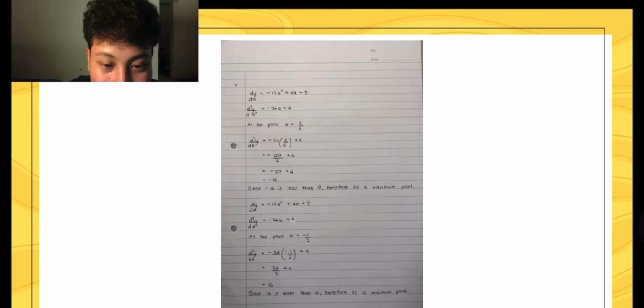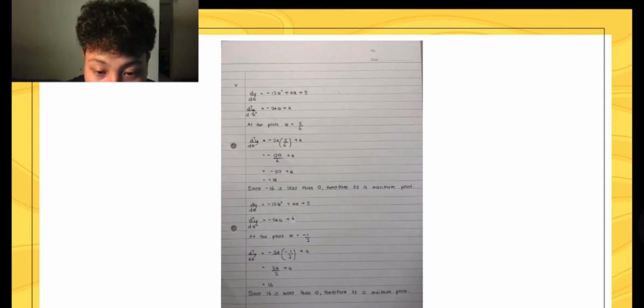At the point x equals -1 over 2, we insert the value of x. So -24 times -1 over 2 plus 4. The answer is 24 over 2 plus 4, and the last answer is 16. Since 16 is more than 0, therefore it's a minimum point.